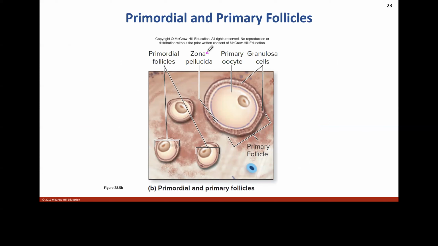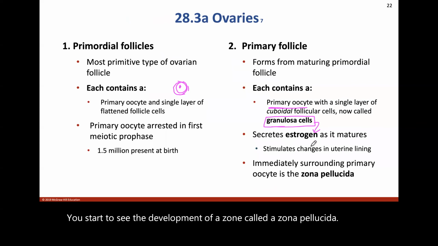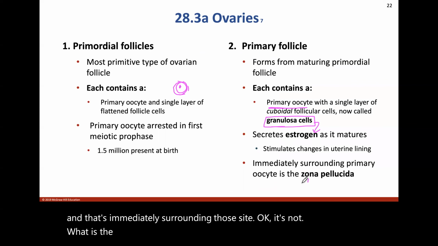You start to see the development of a zone called the zona pellucida, immediately surrounding the oocyte. What is the zona pellucida? It contains glycoproteins.